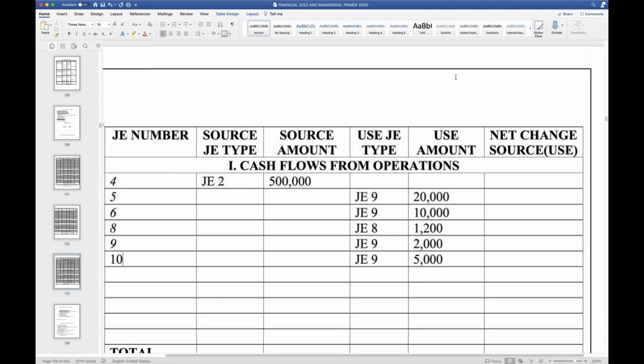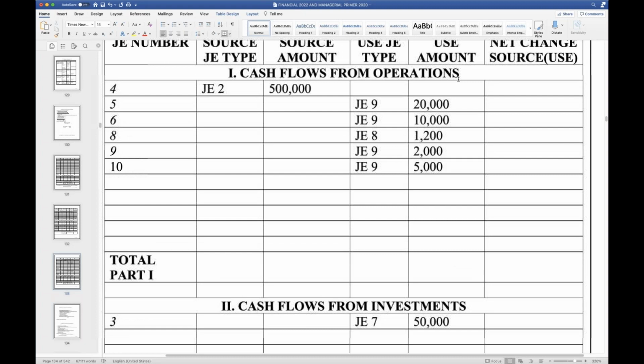So now we make a determination in terms of what happened in part 1. And do we have operations in part 1? How much do these add up to here? Can y'all add those up? $38,200. So what's our net source of operations?